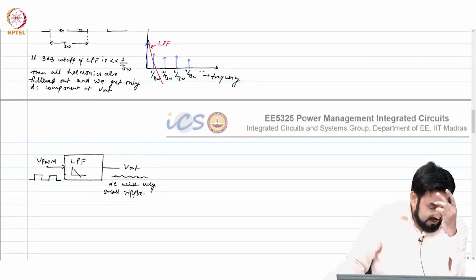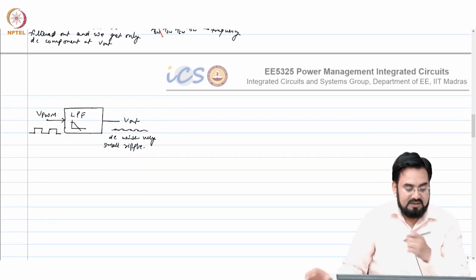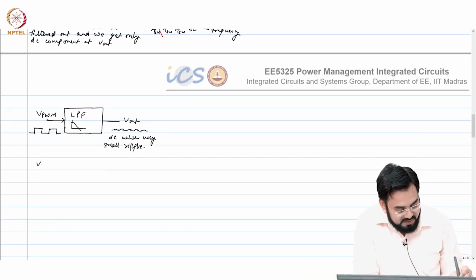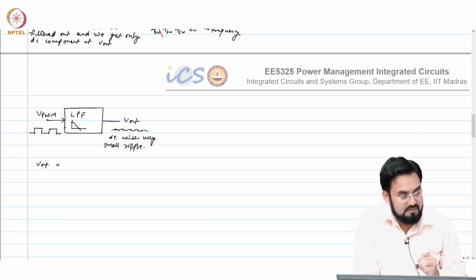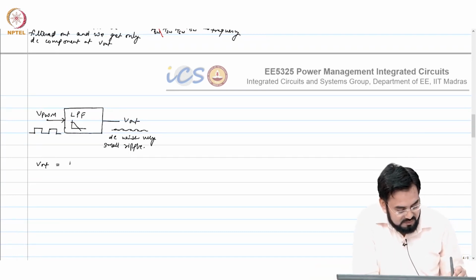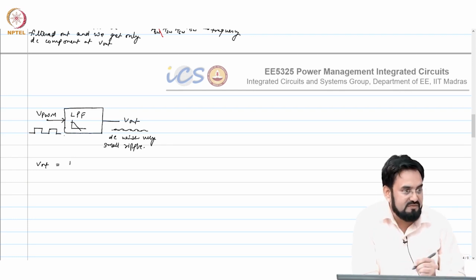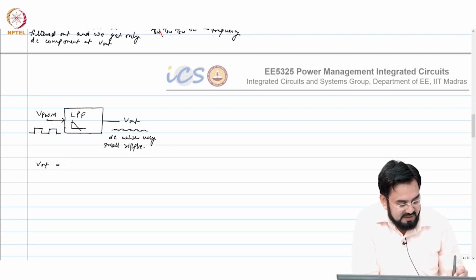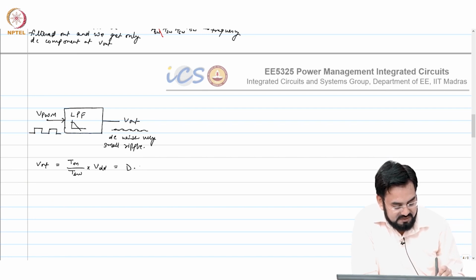How do we implement this filter? And by the way, what is the DC component? Vout equal to, so that will be the average value of that. So the average of that will be Ton over TSW multiplied by VDD, which is nothing but duty cycle times VDD.